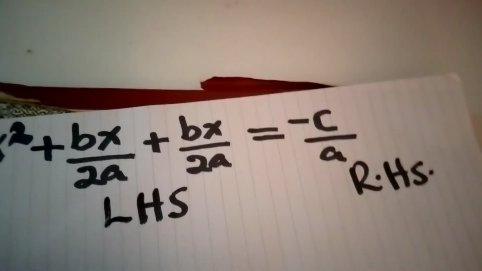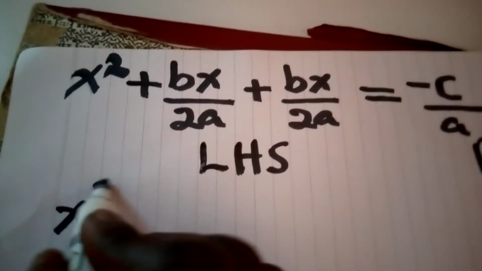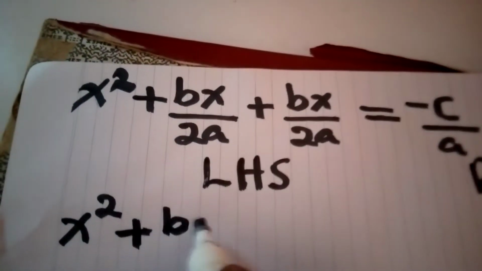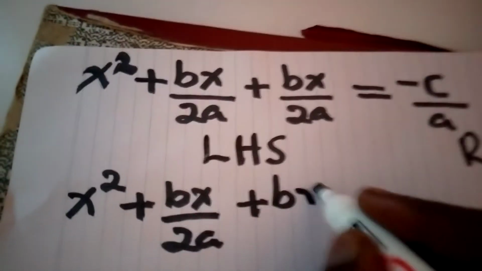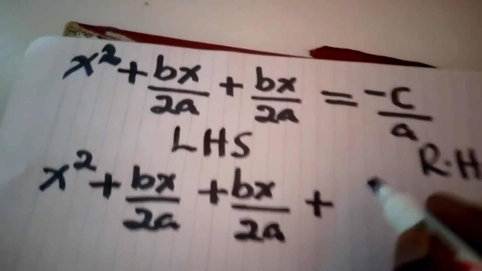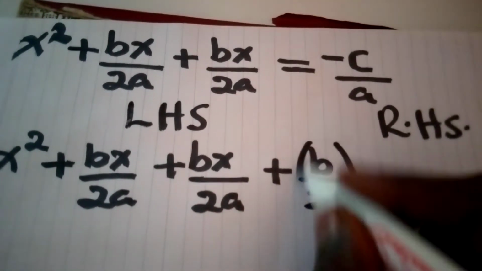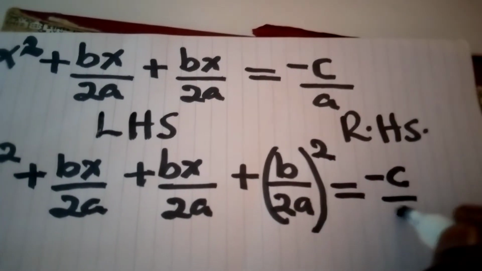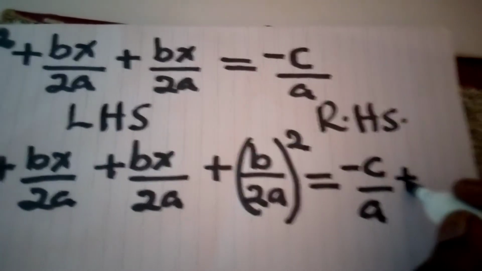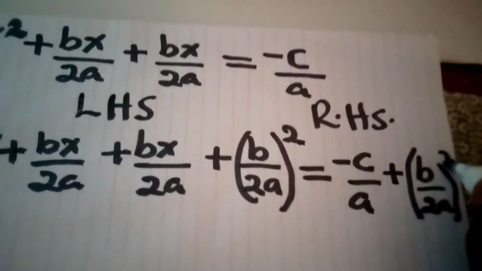So when we are to add, we shall have our equation becoming x squared plus bx all over 2a, then plus bx all over 2a, then plus b out of 2a, but we are adding the square of it, which should give us negative c all over a, then plus also b out of 2a squared.